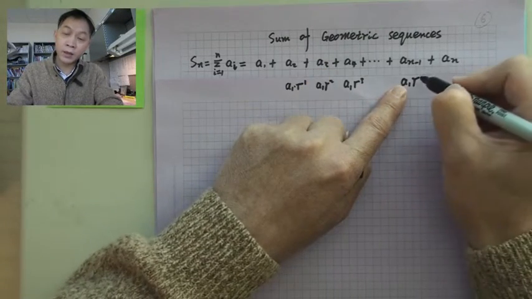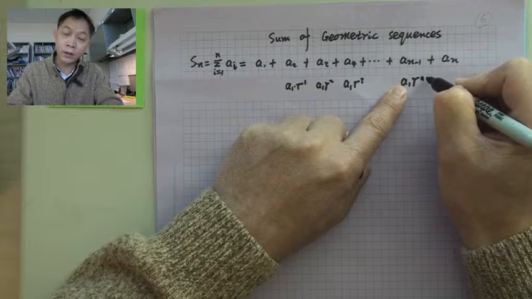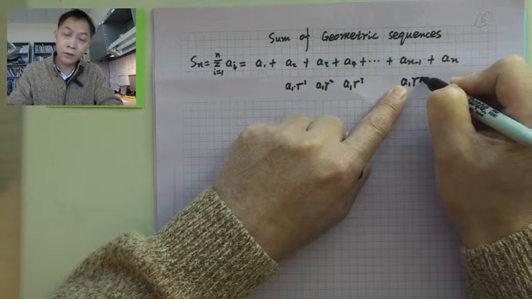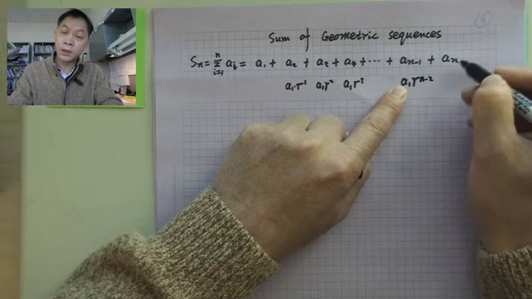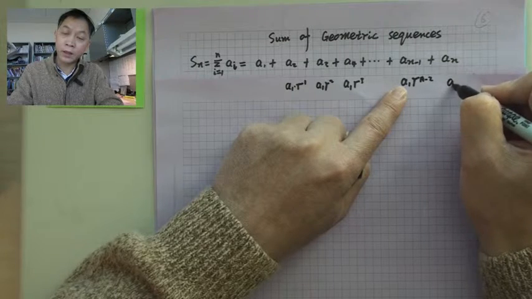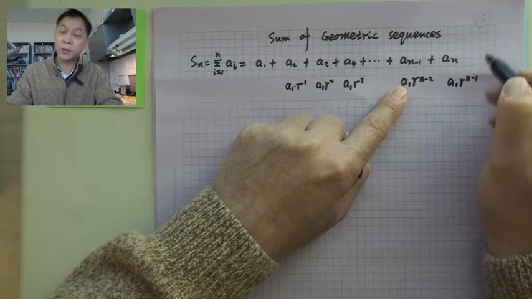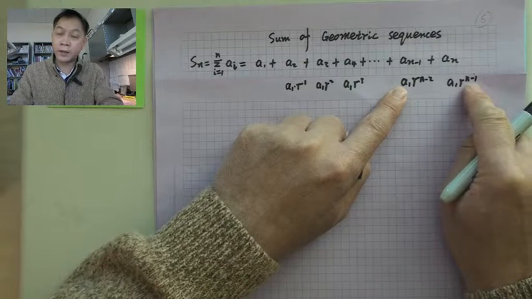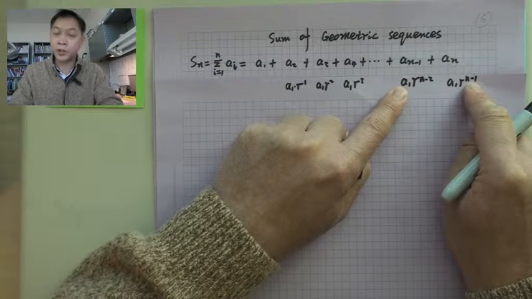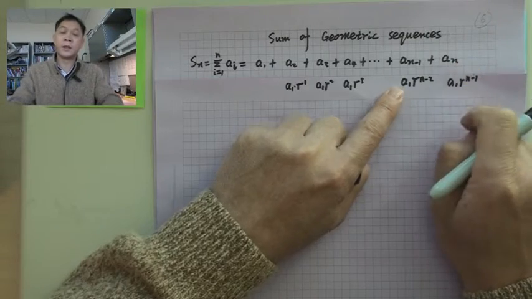So if here is 1, here has to be n minus 1, n minus 2. And then right here is A1 r to the n minus 1, because the subindex and the exponent add together to n.